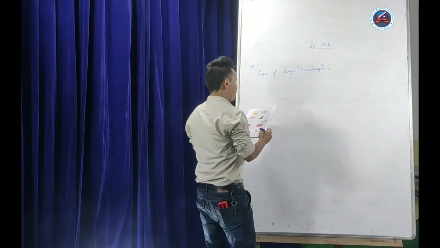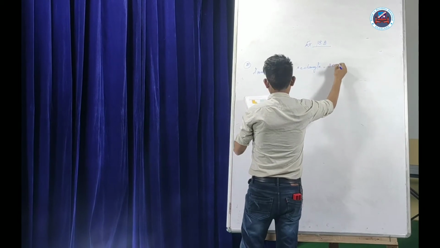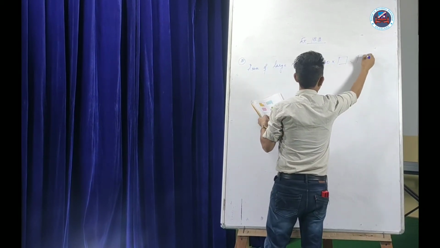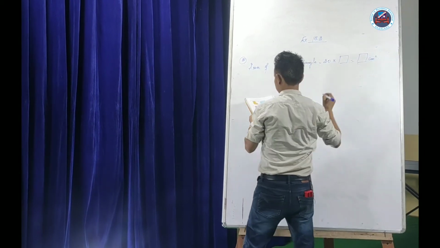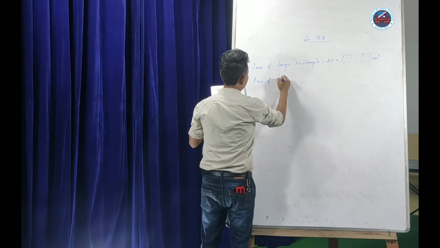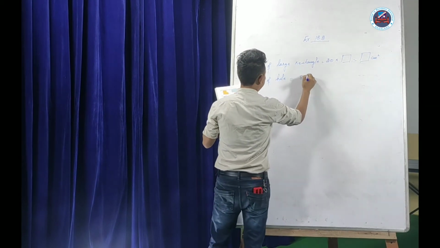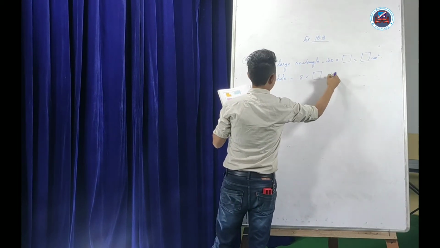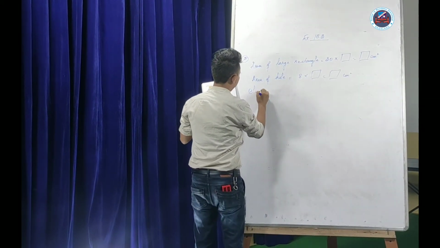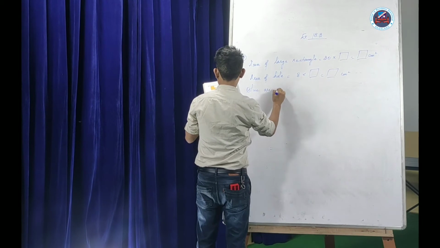Okay, we have here 30 into box equals box square. Area of hole, that is 8 into box equals box square. Now blue area equals.